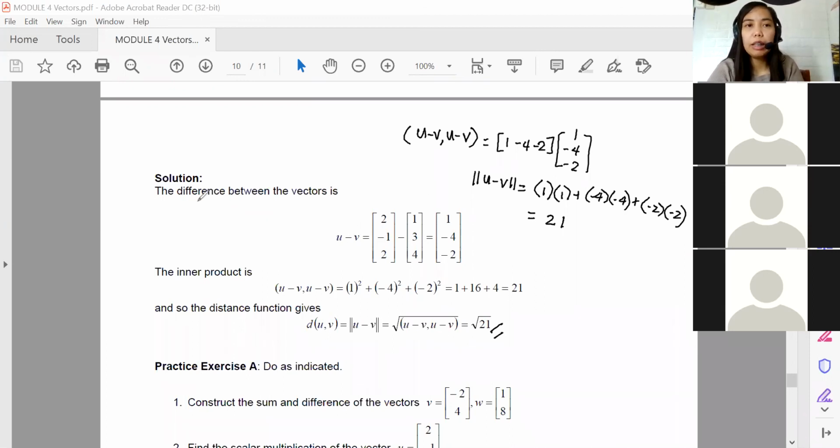Ito kasi kinuha muna natin ang difference ng two vectors. Okay, to find the distance of the two vectors, you need to get first the difference and then the inner product, okay, the norm. So yun siya, which is square root of 21.